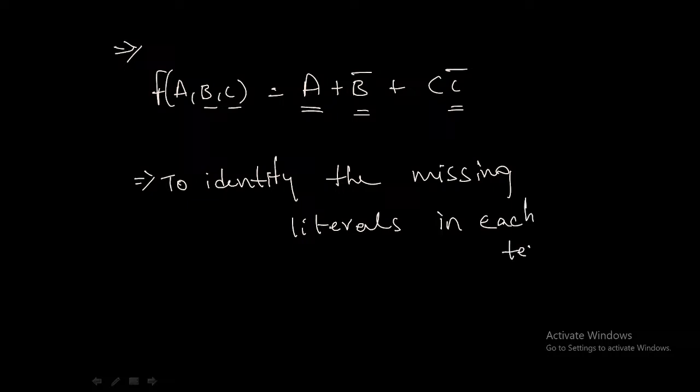After finding the missing literals, if one or more variables are missing in any term, expand that term by adding the product of each missing variable and its complement. For expanding, we can use this particular rule. For example, if we have a plus bc, how can you expand this?